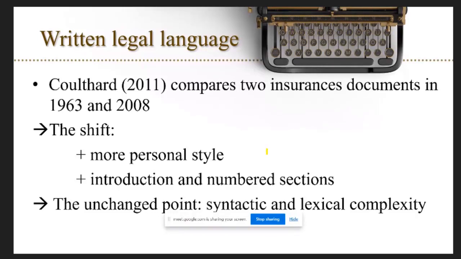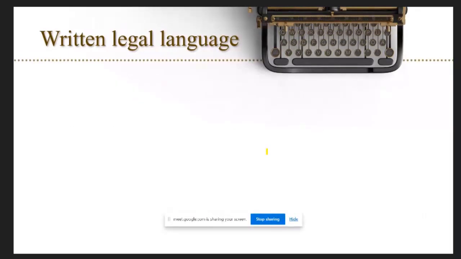But we need to understand legal documents, because we have to understand our rights, otherwise we have no rights, right? So we need to educate ourselves to understand legal language.